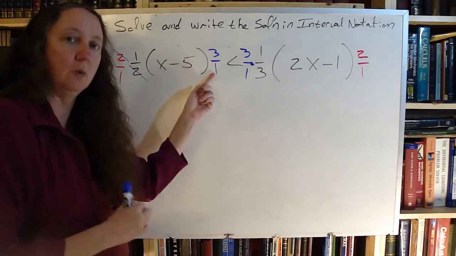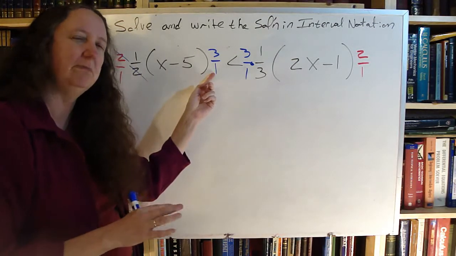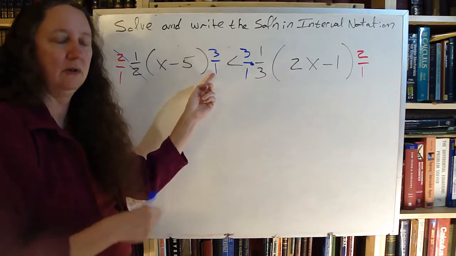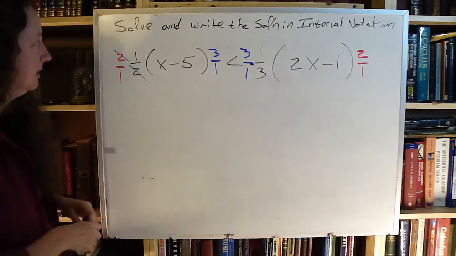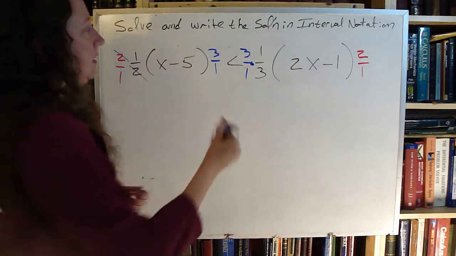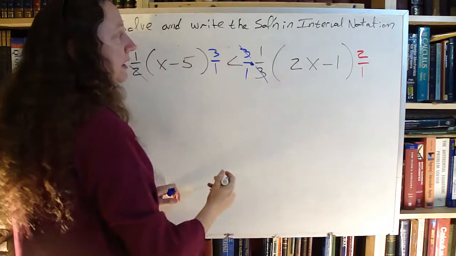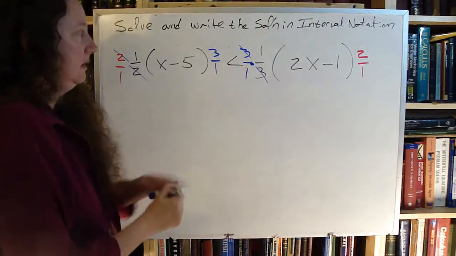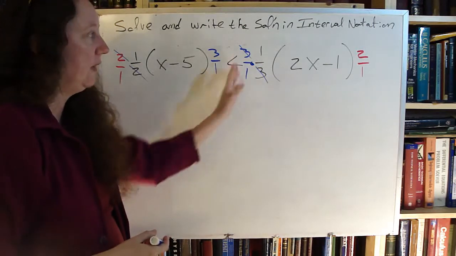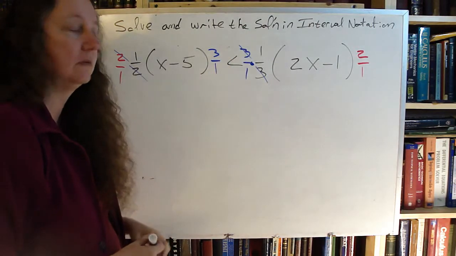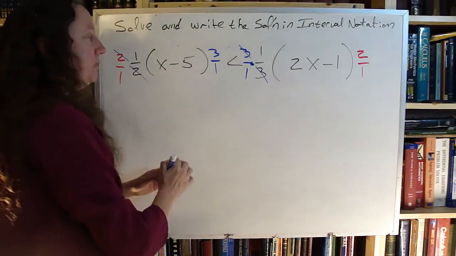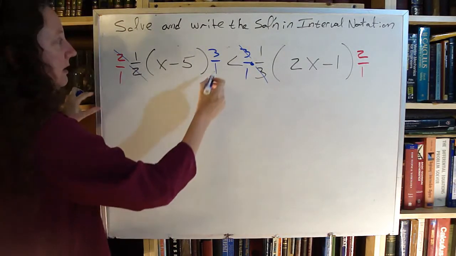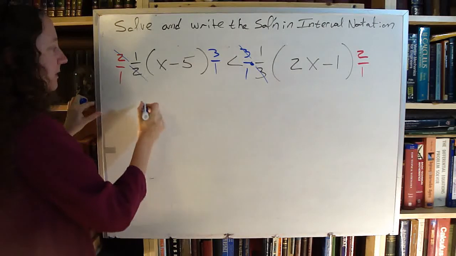This 3 being over 1, that's okay. It's not a real bad fraction. It's just 3 divided by 1 is 3. So it's fine. My 3 canceled my 3, and 1 over 1 is just 1, so that's gone. So I'm going to rewrite this now, and I'm going to leave the divide by 1 off of here.